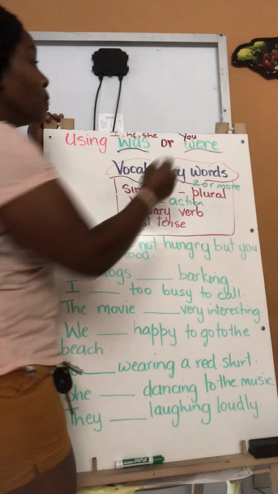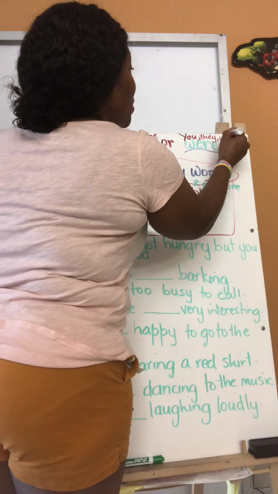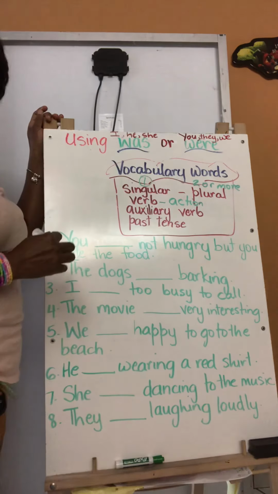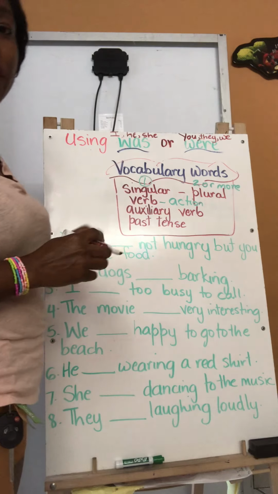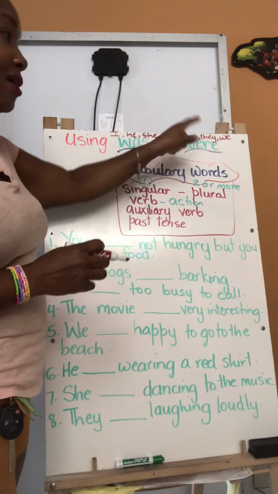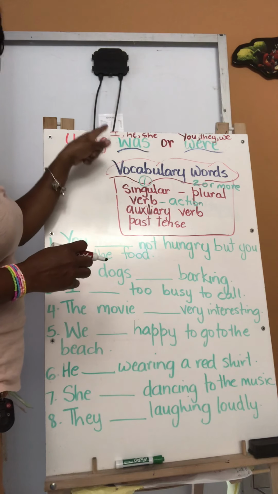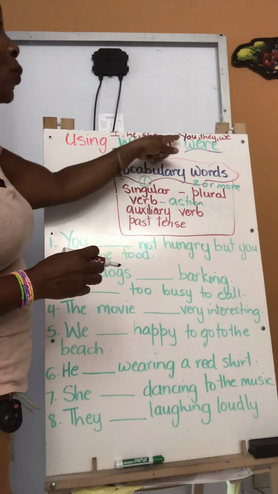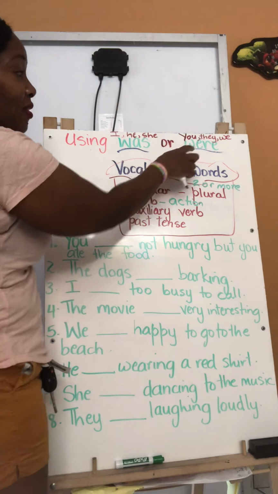So you, they, we, use the auxiliary verb were along with those. So remember, more than one, auxiliary verb were. Only one, auxiliary verb was, with the exception of you, because you always goes with were.